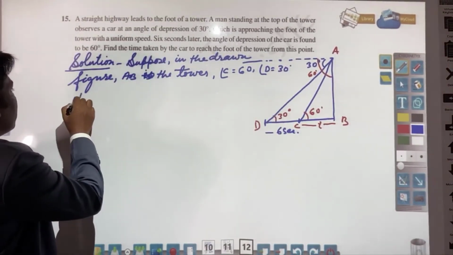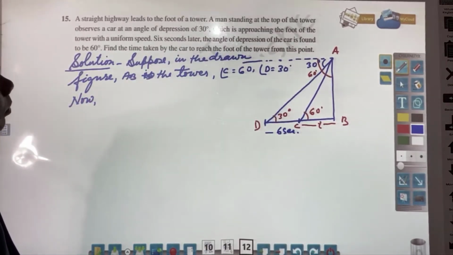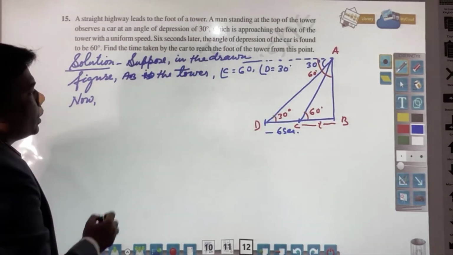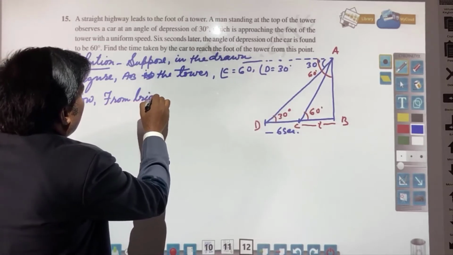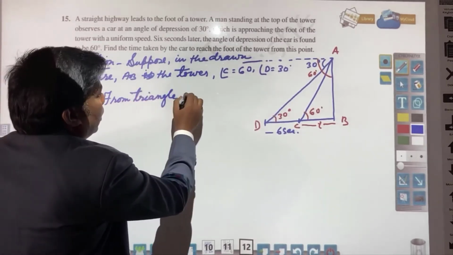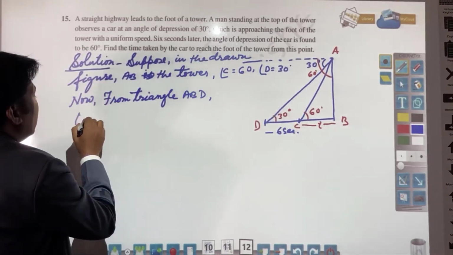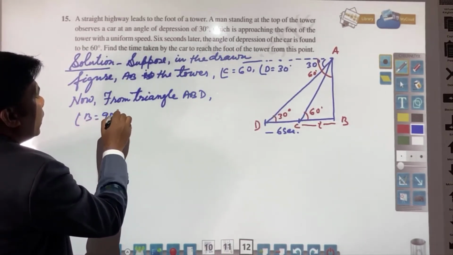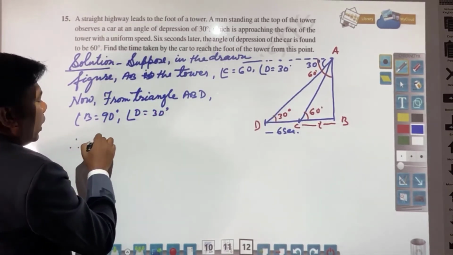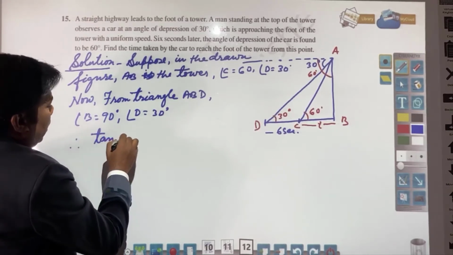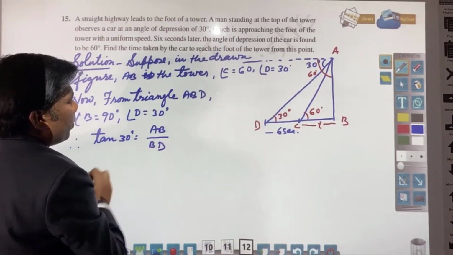Now from triangle ABD you see, angle B is equal to 90 degree, angle D is equal to 30 degree. Therefore, tan 30 degree is equal to AB by BD.